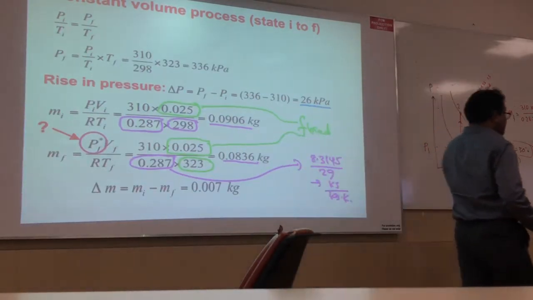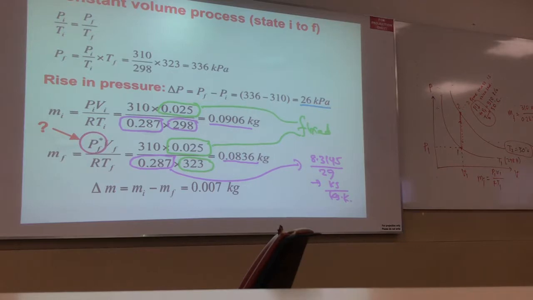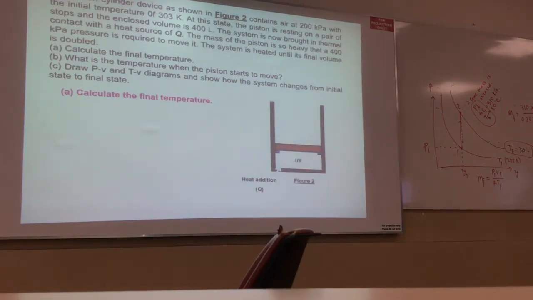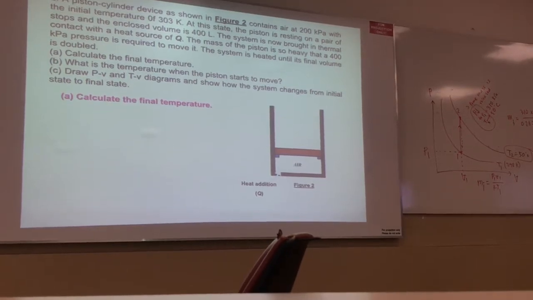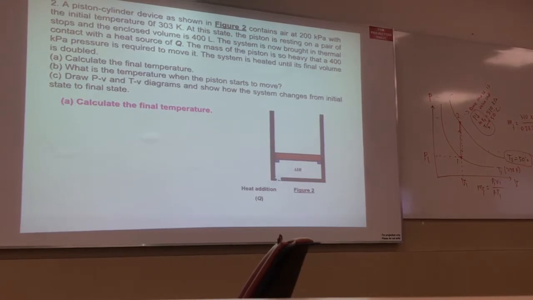Okay? And the second question is important. Try to understand. A piston cylinder device, as shown in figure 2, contains air at 200 kilopascal.